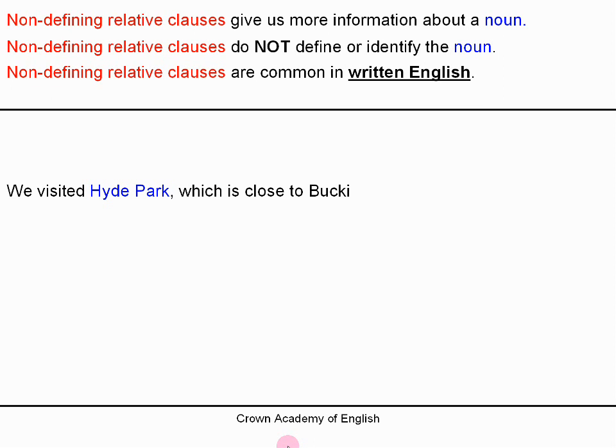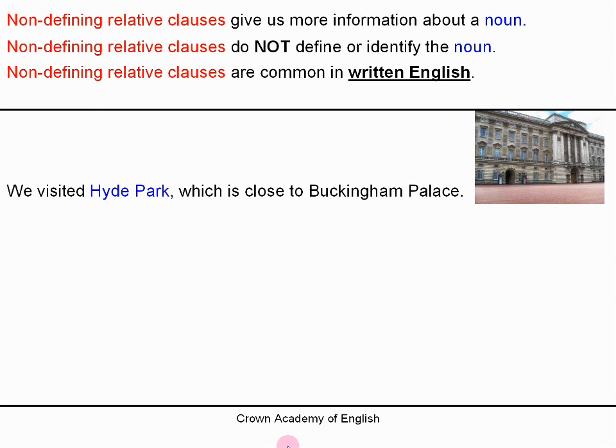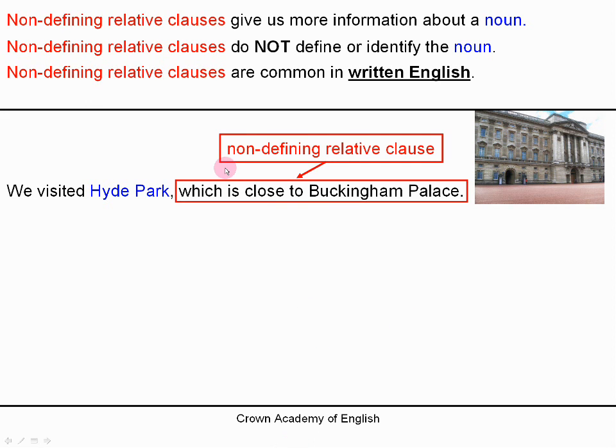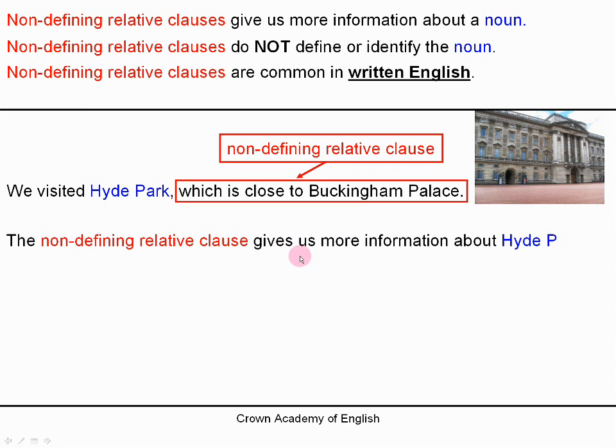Example. We visited Hyde Park, which is close to Buckingham Palace. So this is the non-defining relative clause. So it's after the comma, and it is "which is close to Buckingham Palace." And so the non-defining relative clause gives us more information about Hyde Park.